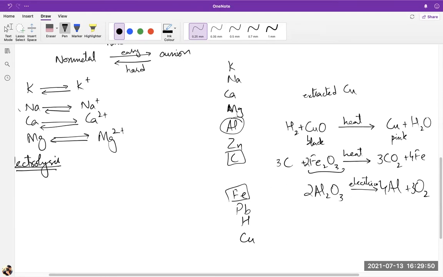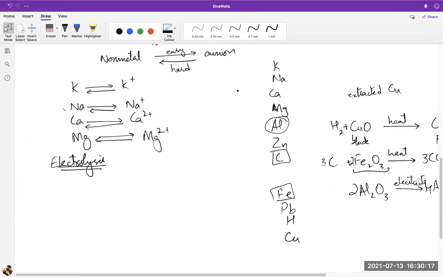So where heat doesn't help us in redox, and where you need a reducing agent or an oxidizing agent, you can do without it by using electricity. That is the main process of electrolysis: you take anything that has ionic bonds in it, which means it has ions in it, right? You supply electricity to it, and it breaks it up.